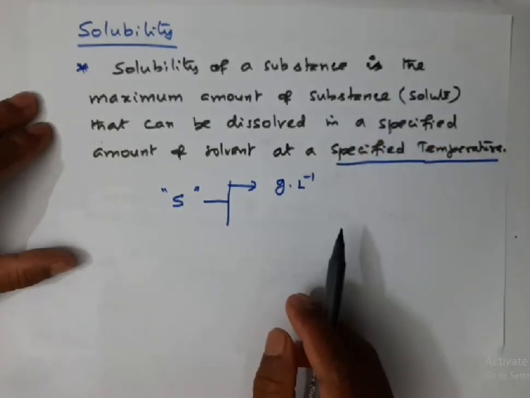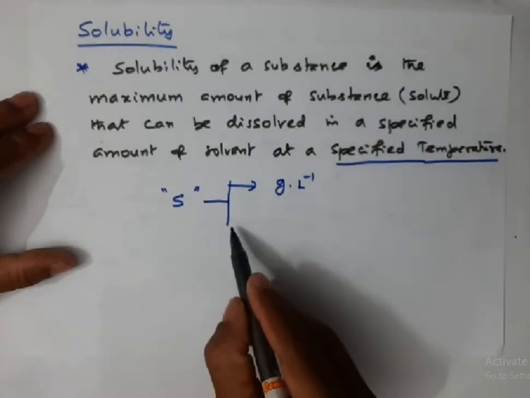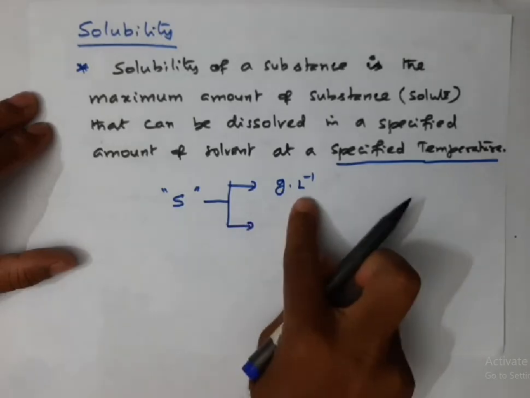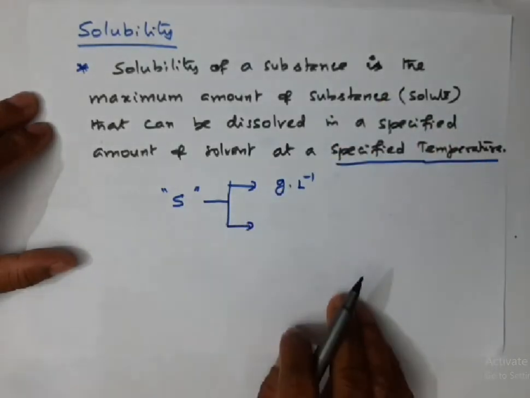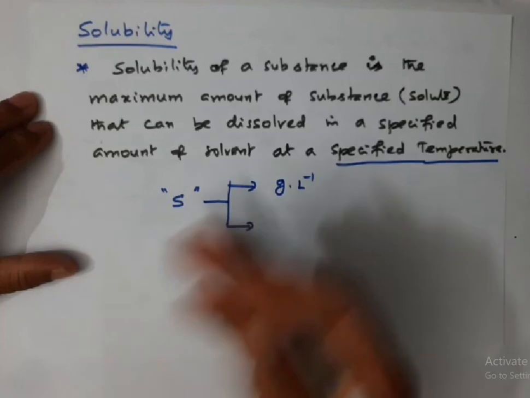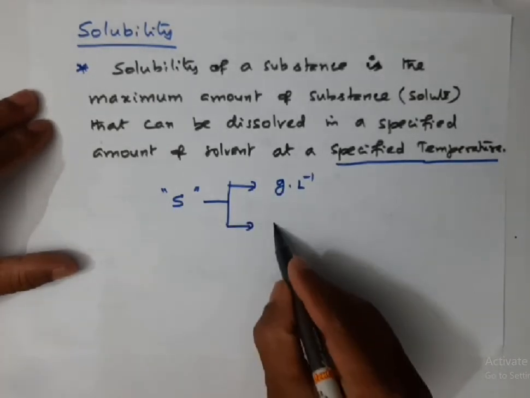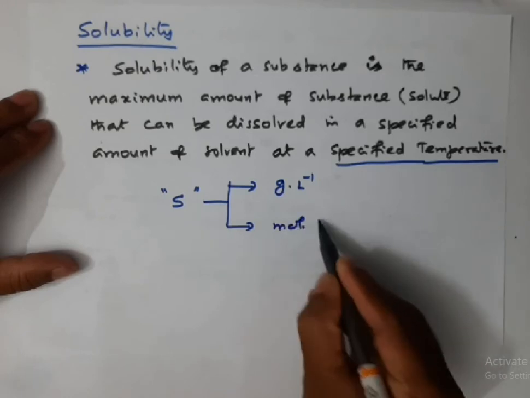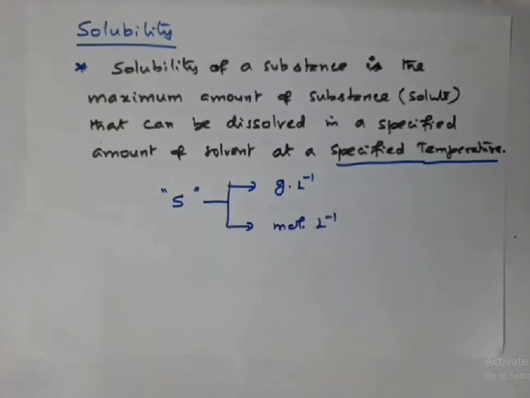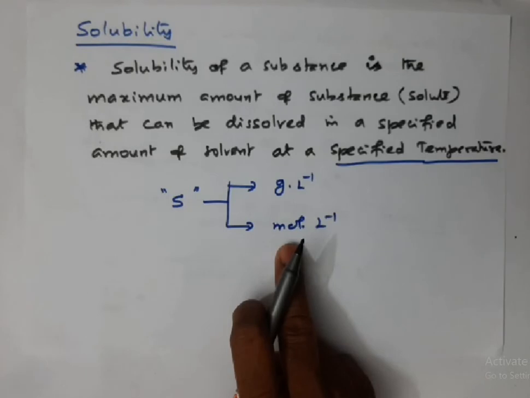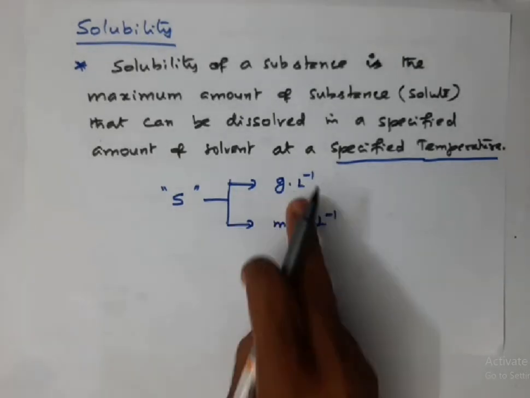Or you can also give the unit in mole per liter. If you give the unit in mole per liter, it is called molar solubility. If you give the unit in gram per liter, it is called gram solubility.